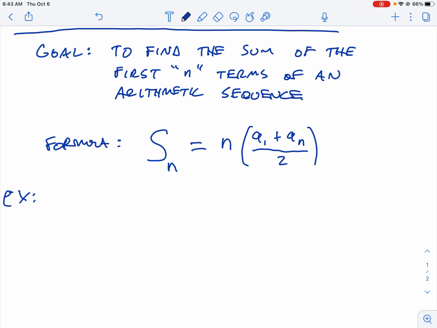Let's say we wanted to find the sum, and let's say we have 6 plus 9 plus 12 plus, and so on, up to plus 306.